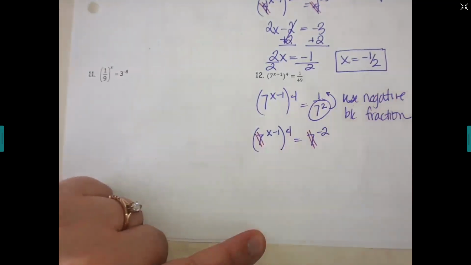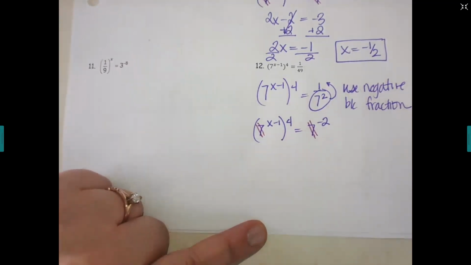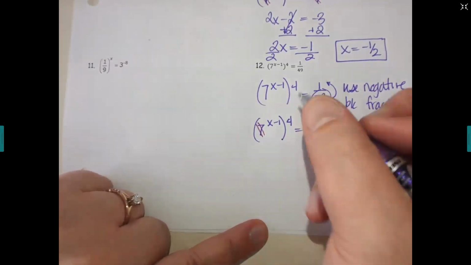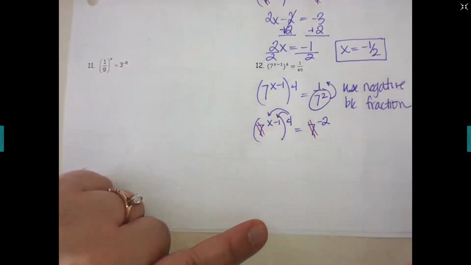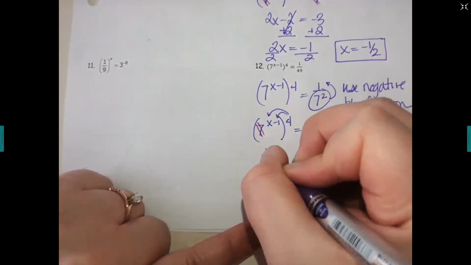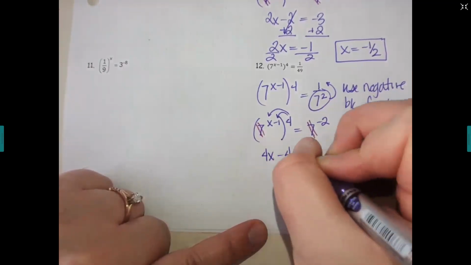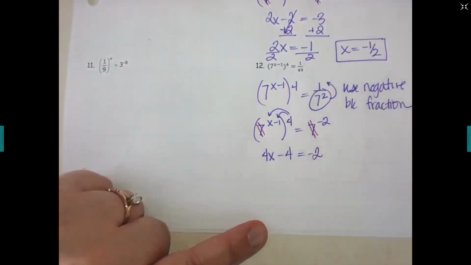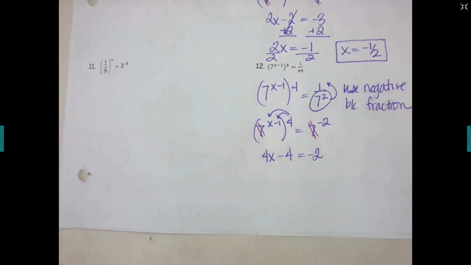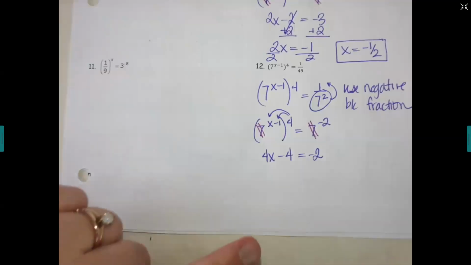So my 7s are gone. And then remember, on that left-hand side, that 4 needs to multiply into both. So it'll be a 4x and then a minus 4 equal to negative 2. Add your 4 across.